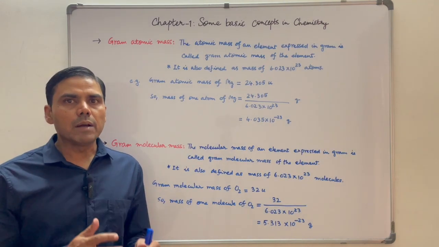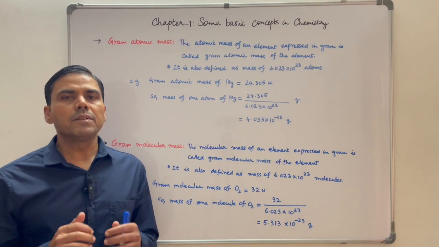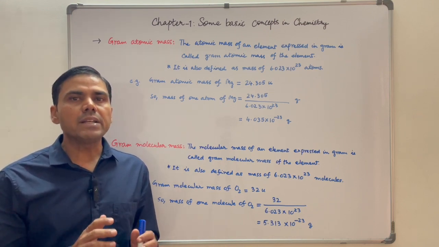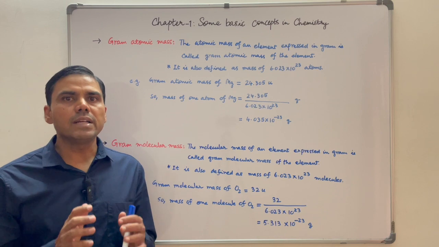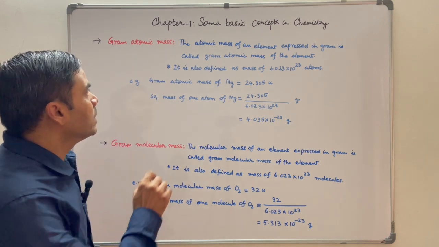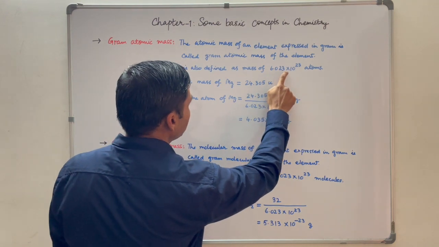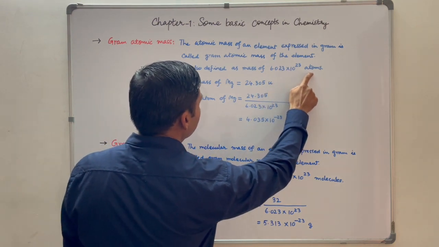Now let us see gram atomic mass and gram molecular mass. First, gram atomic mass. The atomic mass of any element expressed in gram is called its gram atomic mass. It is also defined as the mass of 6.023 into 10 to power 23 atoms.